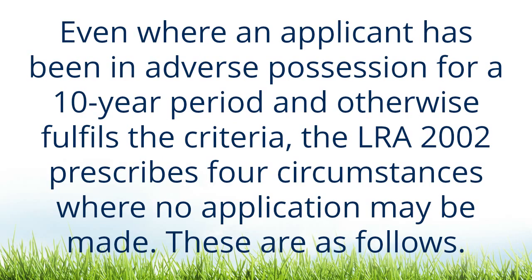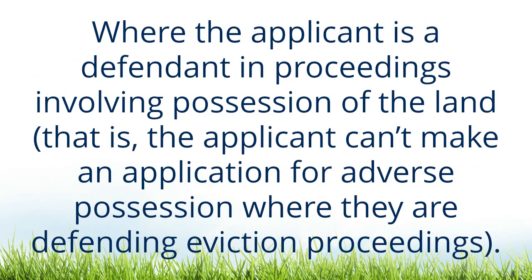Even where an applicant has been in adverse possession for a 10-year period and otherwise fulfills the criteria, the LRA 2002 prescribes 4 circumstances where no application may be made. These are as follows. Where the applicant is a defendant in proceedings involving possession of the land, that is, the applicant can't make an application for adverse possession where they are defending eviction proceedings.